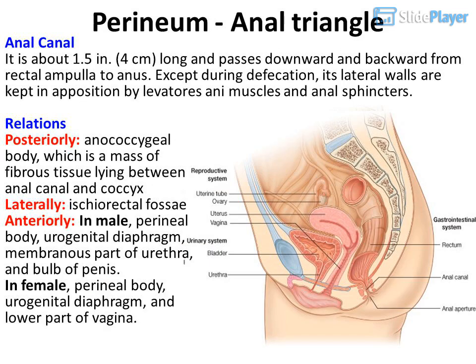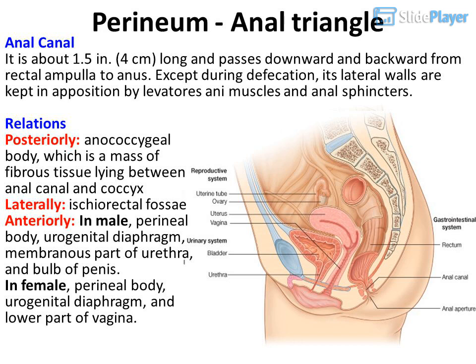Perineum, anal triangle. Anal canal. It is about 1.5 inches, 4 centimeters, long and passes downward and backward from the rectal ampulla to the anus. Except during defecation, its lateral walls are kept in apposition by the levator muscles and anal sphincters.